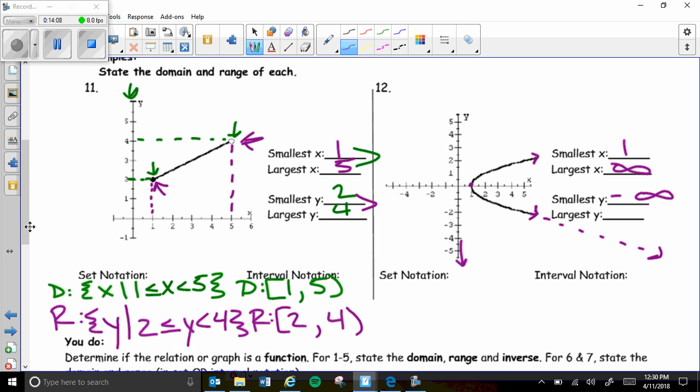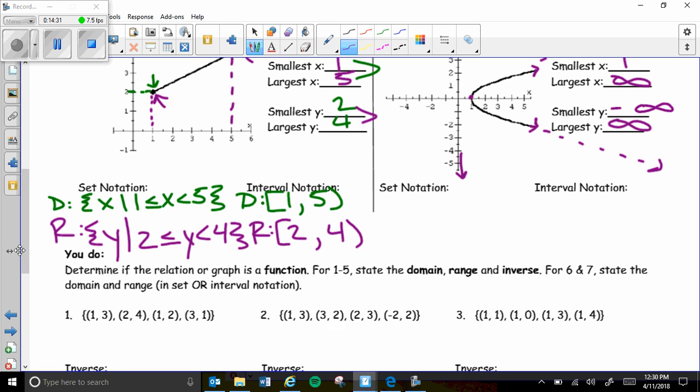Our largest y, if this keeps going up, our y's keep going up, so they're slowly heading towards infinity. And you can kind of think about it like smushing the graph. And if you want further explanation on that, I'd be happy to walk over and help you explain what that means. Okay?